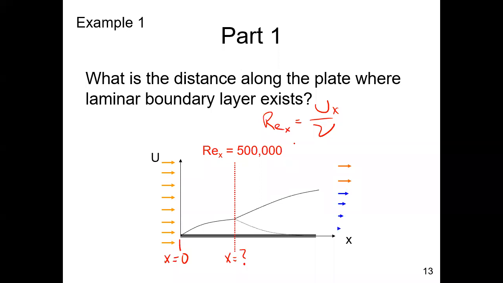Obviously, if you look at the equation for the boundary Reynolds number, u is a constant, nu is a constant. The only thing that changes is x, the distance along the plate. And so obviously, the largest value of the boundary Reynolds number occurs at x, where the boundary Reynolds number is 500,000. So all we really have to do is rearrange this equation and solve for x.